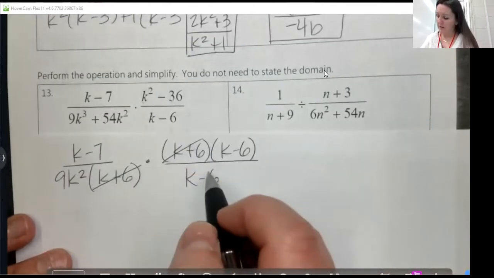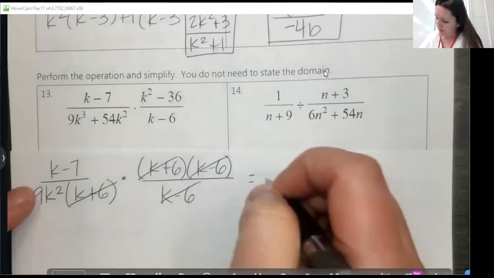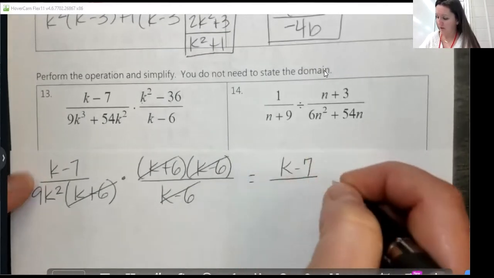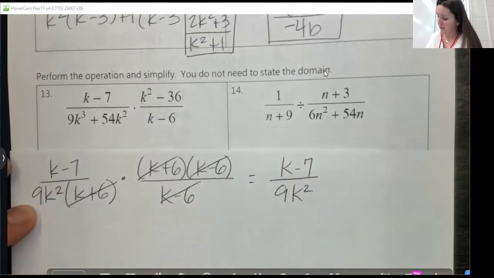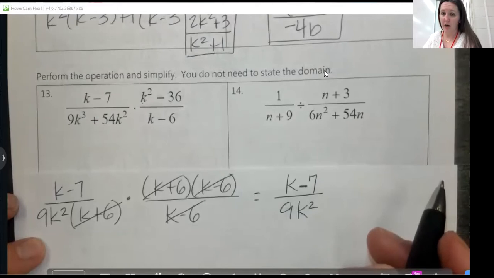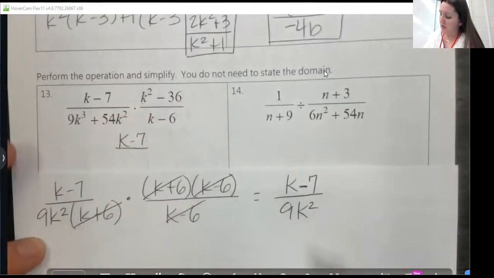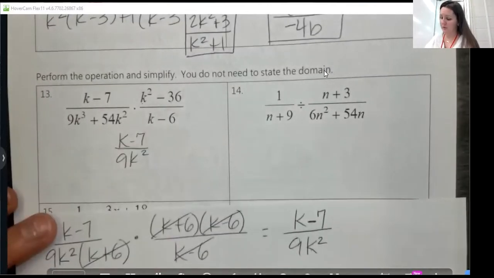K plus 6's can cancel, k minus 6's can cancel. So I am left with, multiply straight across, a k minus 7 on the top and a 9k squared here. That's it. I cannot cancel my k's because it's being subtracted, right? It would have to be multiplied or divided. So k minus 7 over 9k squared. That is your answer.